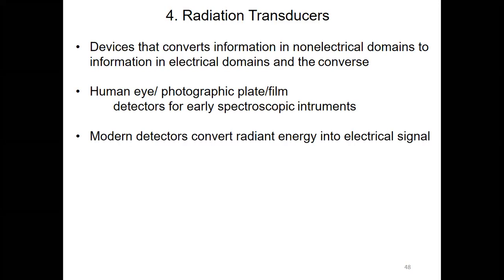Instead, in the very early spectroscopic instruments, in most cases the human eye or some photographic films or plates were used. But in the modern instrument, there are some sophisticated detectors. These detectors convert the radiant energy or the incoming radiation into an electrical signal.